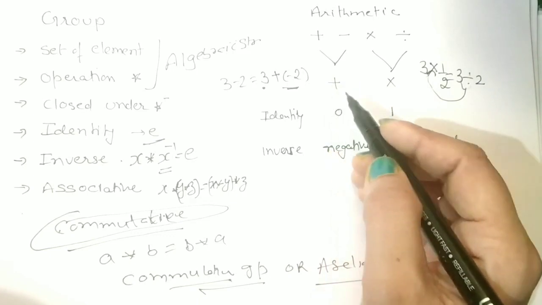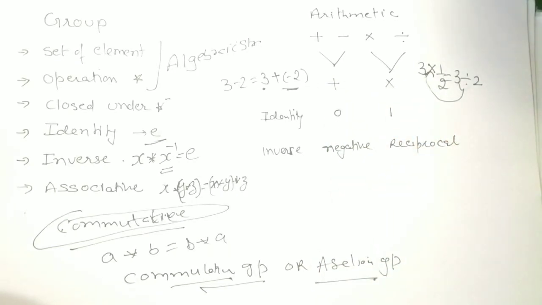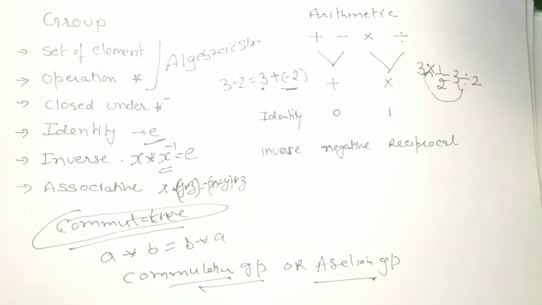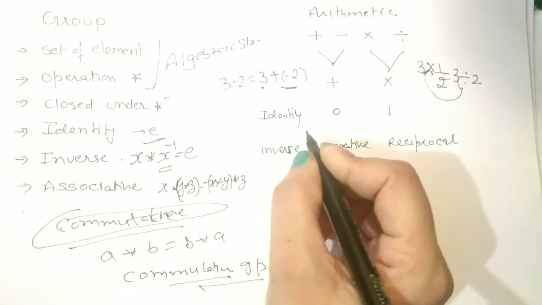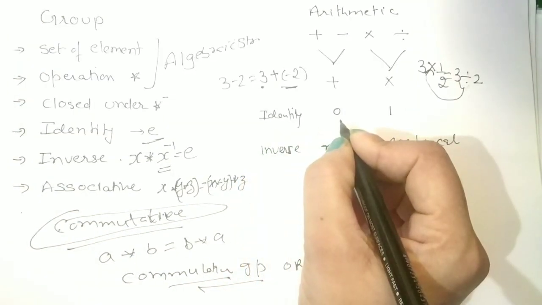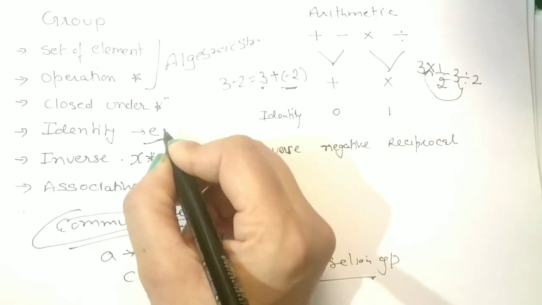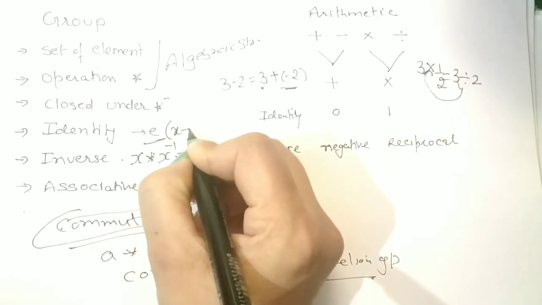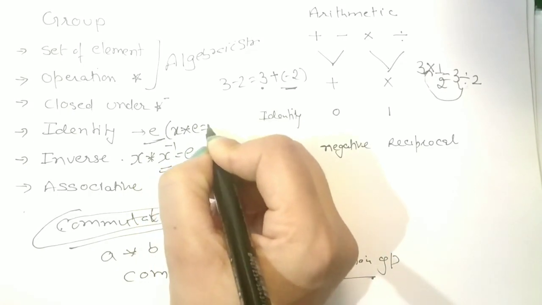Now for the operation of addition, the identity element is 0. Because what is the identity element? Identity element e is such an element which when operated with any element gives us the same.